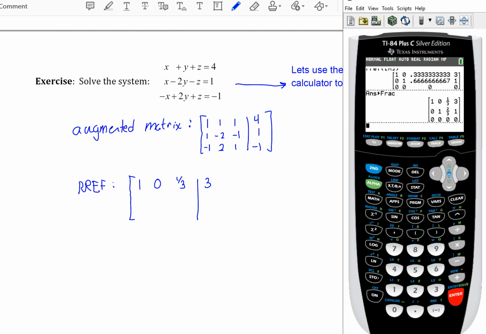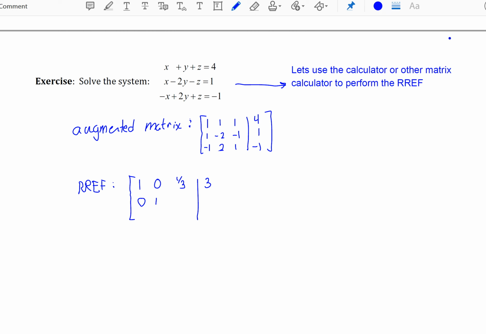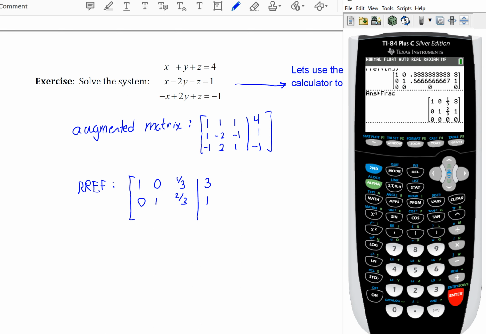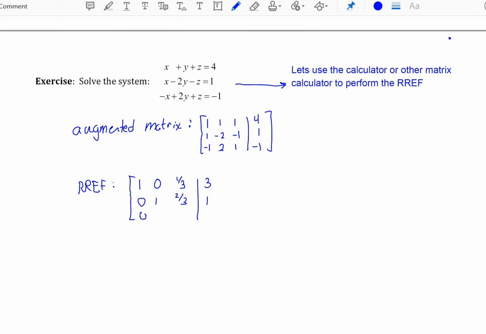Zero, 1, 2/3, 1. Make sure you copy this down correctly. And then there's a row of zeros along the bottom.